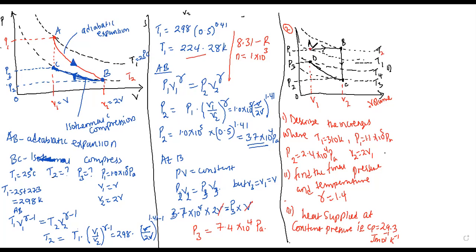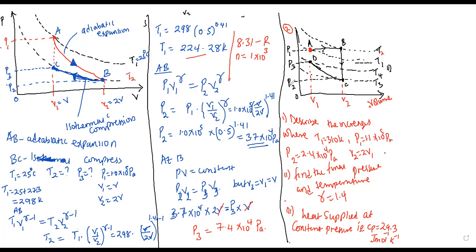Now, at A, we're initially at a temperature T1. So the gas was initially at 310 Kelvin, and at a pressure of 1.1 times 10 power 5.